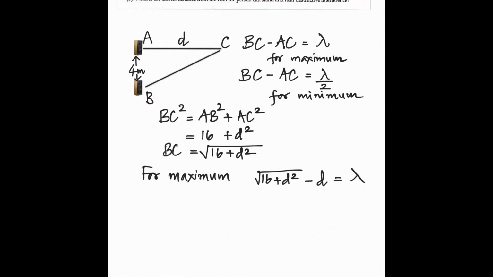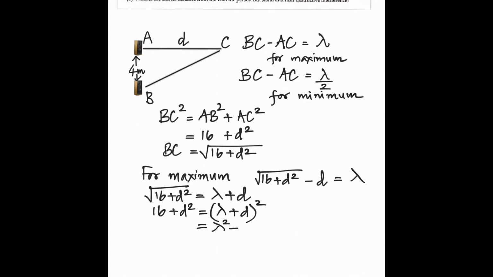Now, to solve this, take D to the other side, it becomes lambda plus D, and then square both sides. The square root vanishes on the left side, and on the right side you have lambda plus D, the whole squared. When you do that, you're going to have three terms: lambda squared plus 2 times lambda D plus D squared.